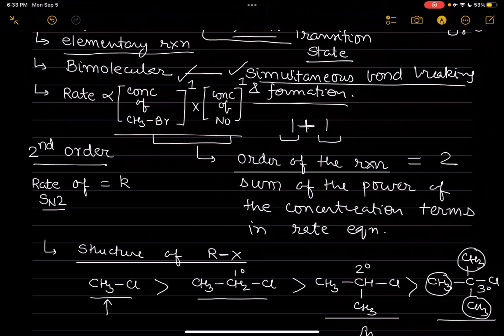Because there are two concentration terms. This is a constant, the rate constant. The speed of the reaction, this square bracket is the concentration, mole per liter. So Imad, the rate of SN2 depends upon the concentration of CH3Br times the concentration of OH minus. Is it clear? Yes, sir. Okay.